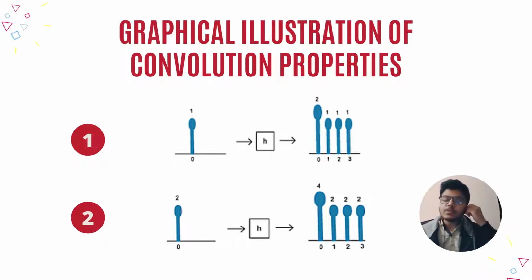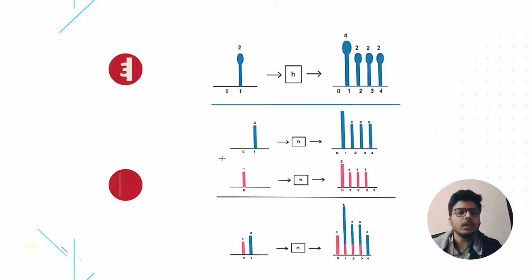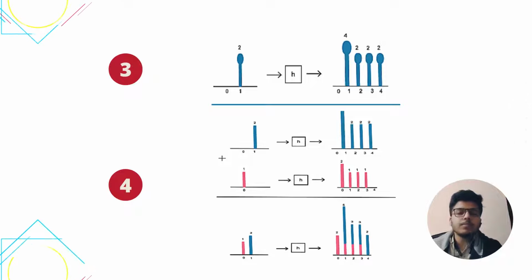Let's see a graphical illustration of convolution properties. In figure 1, we have a single impulse input which yields the system's impulse response. Now in figure number 2, a scaled impulse input yields a scaled response due to the scaling property of the system linearity. In figure number 3, we use the time invariant property of the system to show that the delayed input results in output of the same shape, only delayed by the same amount as the input.